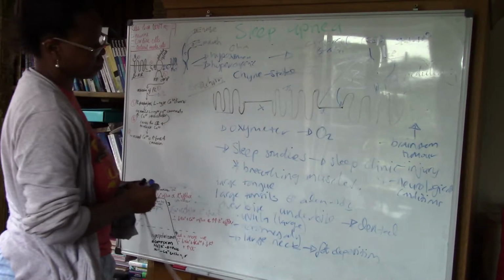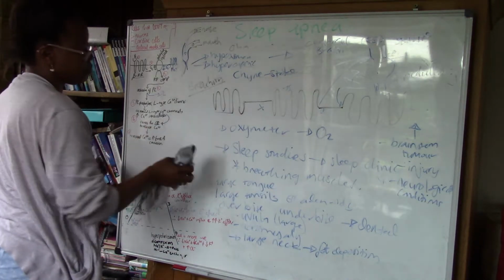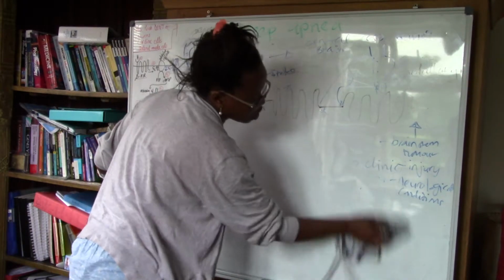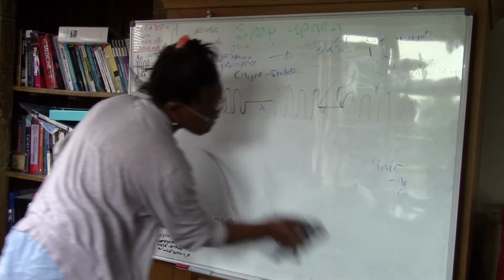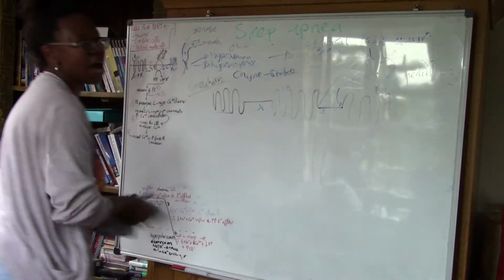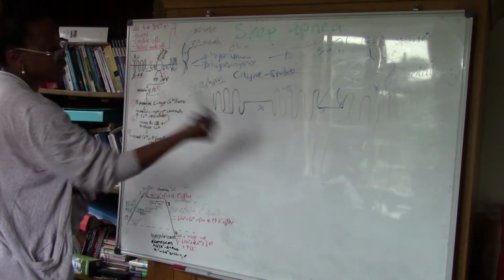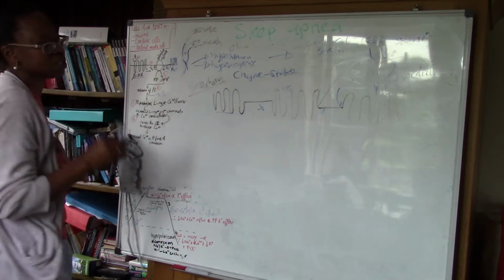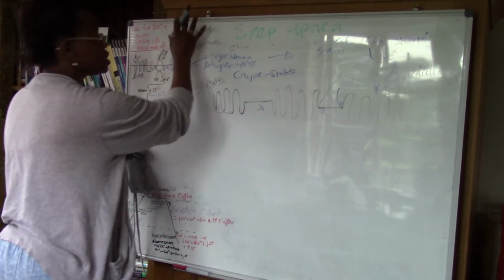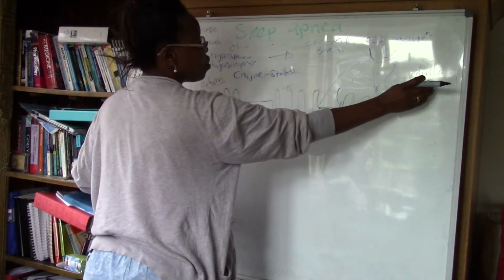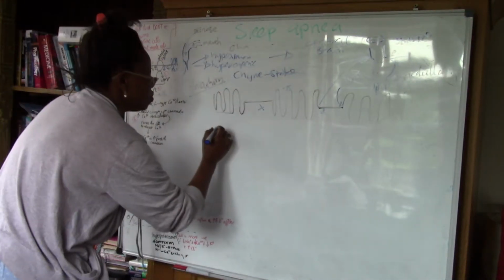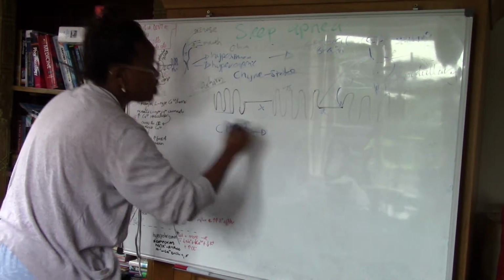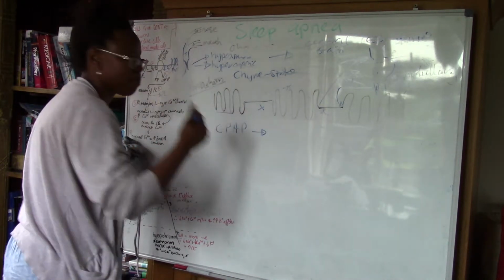So the most common treatment, obviously, in terms of central causes, you have to refer to neurology. But in terms of what is easier to correct, I'm not in any way saying anything is easy to correct, if there are no neurological issues, you can then use a CPAP, which is a continuous positive airway pressure.